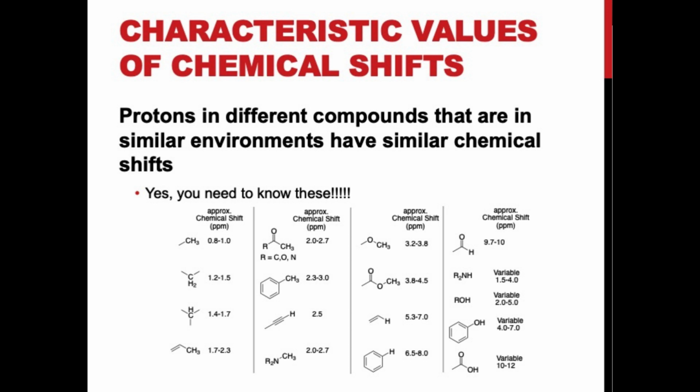Anything from 0.8 to 1.7 is just hydrogens on carbons that aren't near functional groups. Then ethers are between 3.2 and about 3.8 for the most part. That's really important to know. So this is the CH3 on the oxygen of an ether, and then the CH3 on an ester is from about 3.8 to 4.5, which is really important and diagnostic.